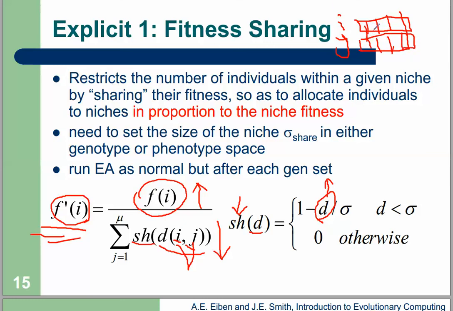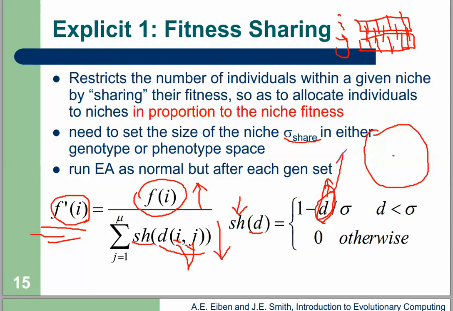The difference of the genes is named D. Sigma is some fixed value depending on the size of the neighborhood radius.